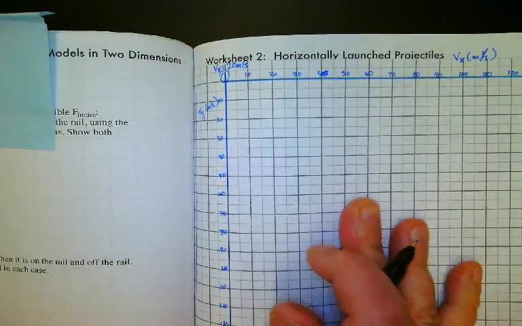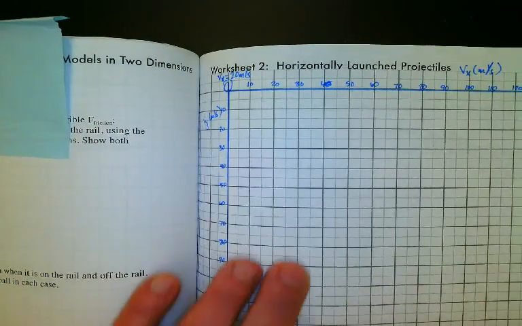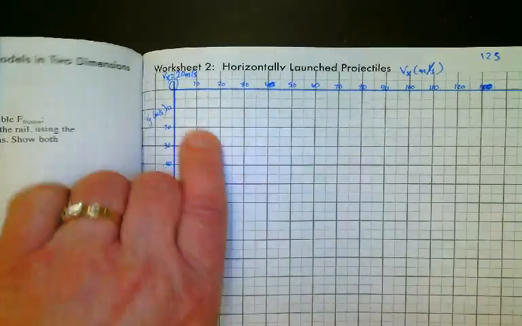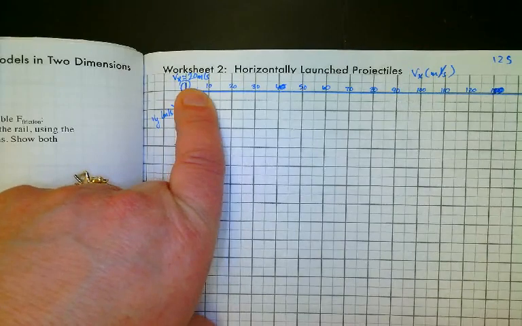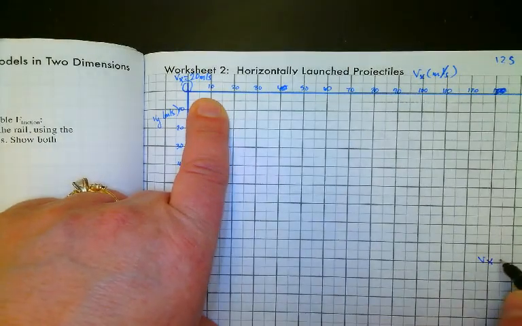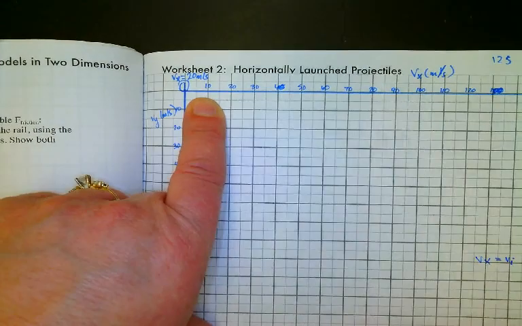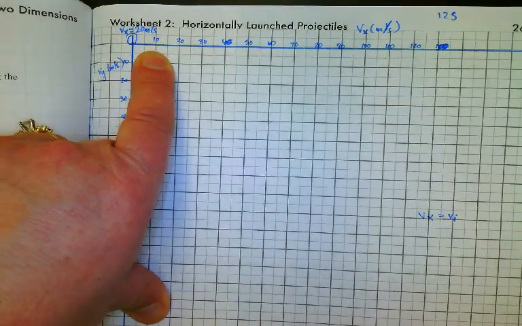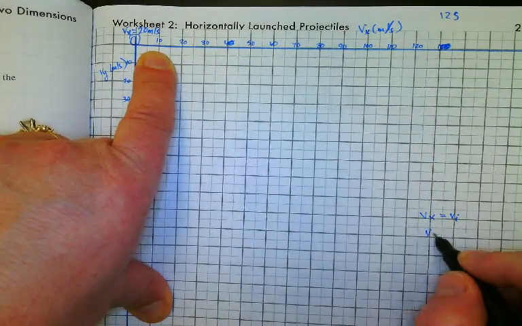Now, one thing that we learned is Vx in a horizontally launched projectile is equal to the Vi, and Vx does not change.